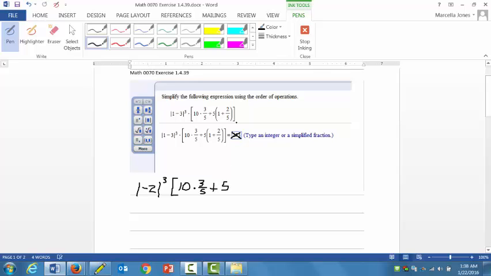So I want to add 1 to 2/5. And I have to think of 1 as 5 over 5 in order to add these two together. So that would be my first step.